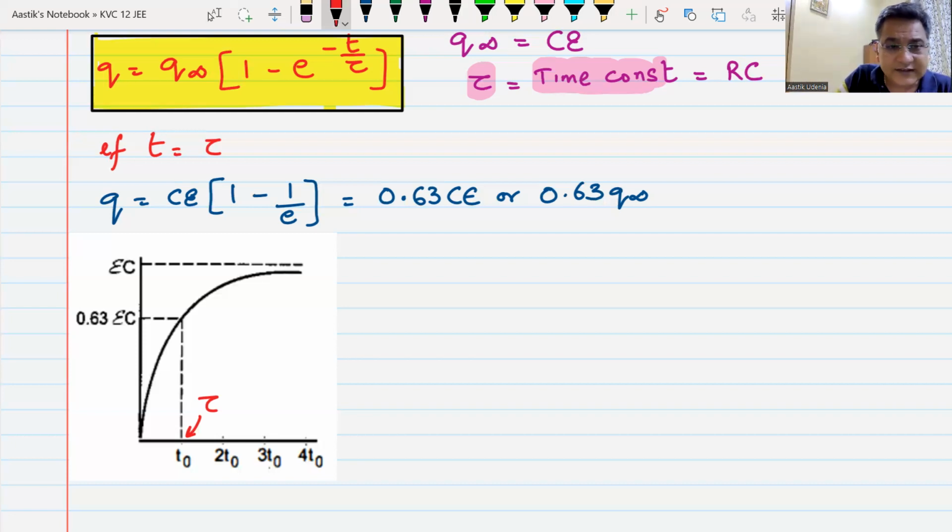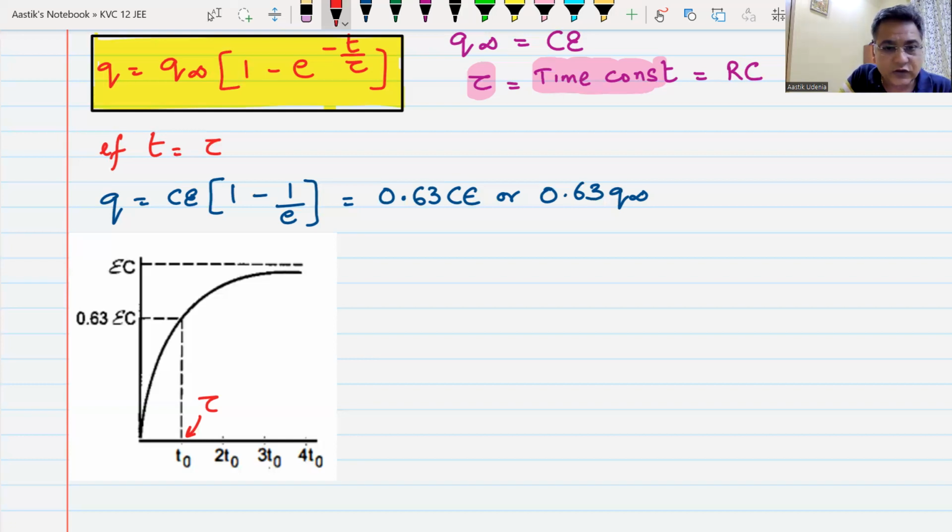This is the graph of Q versus T for a charging circuit of a capacitor.